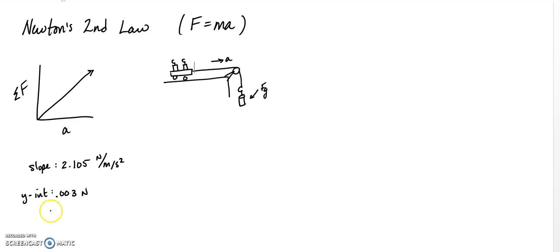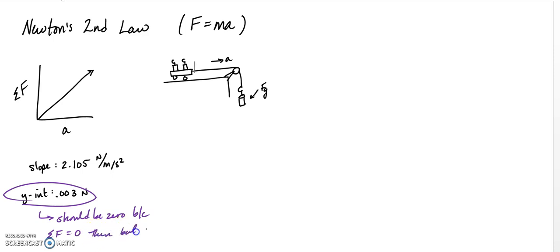So this entire y-intercept value here, I'll change my color on this. All right, this should be 0 because if this is true, all right, if the net force equals 0, then we have balanced forces and no acceleration.